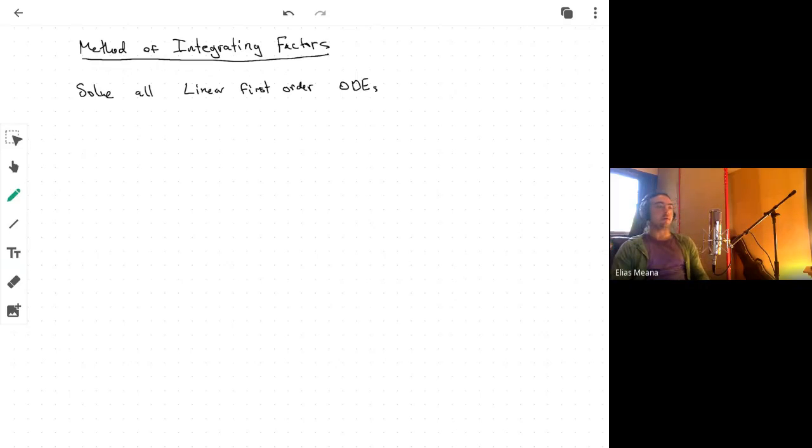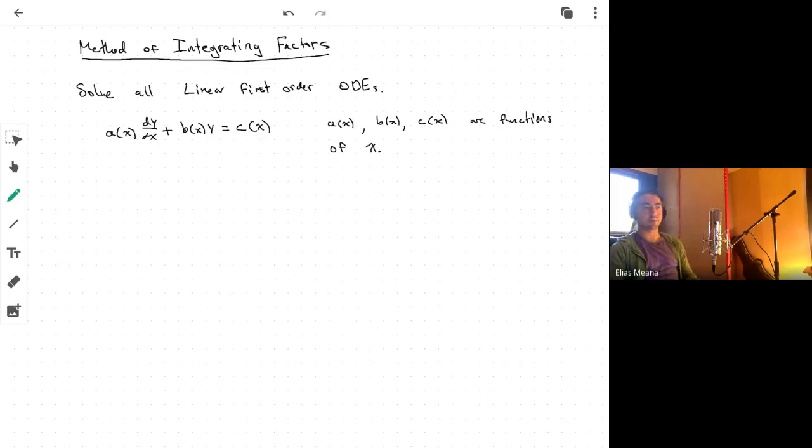So all linear first order ordinary differential equations are going to be in the form a of x dy dx plus b of x y equals c of x, where a of x, b of x, and c of x are functions of x.